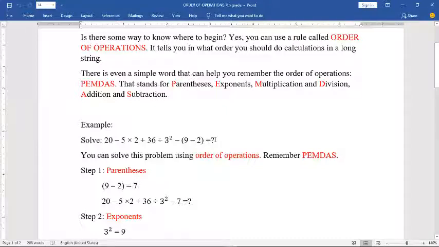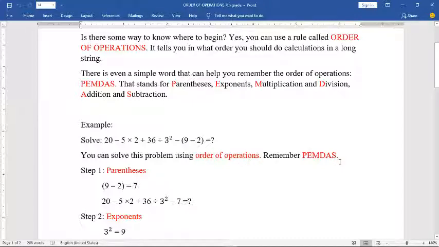We don't know. Okay, just to begin, we have to go back to our word PEMDAS. You can solve this problem using order of operations.